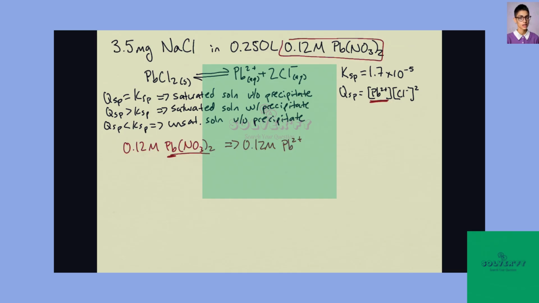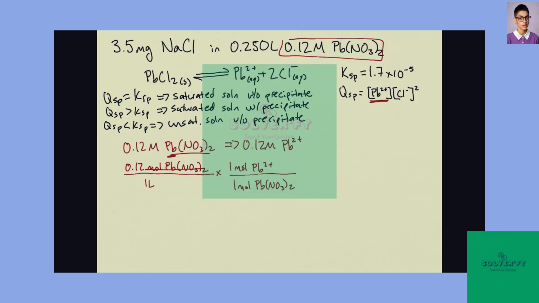If you want to see this more explicitly, we have 0.12 moles of Pb(NO3)2 over 1 liter, because moles over liter is molarity. And then we can multiply by the mole ratio, so 1 mole of Pb2+ to 1 mole of Pb(NO3)2.